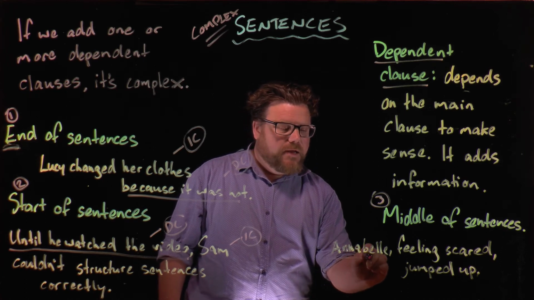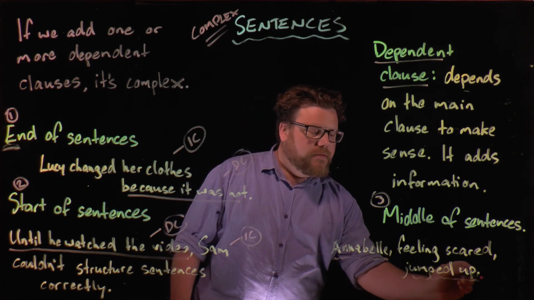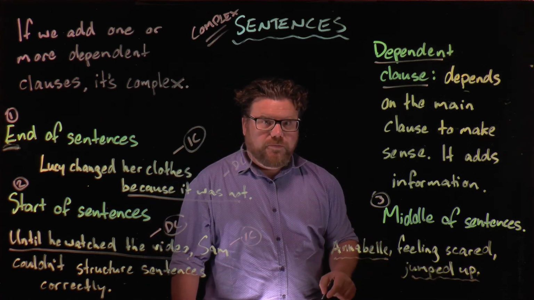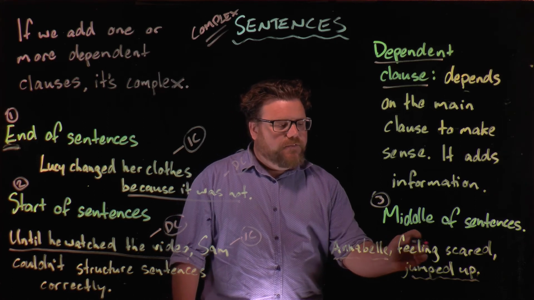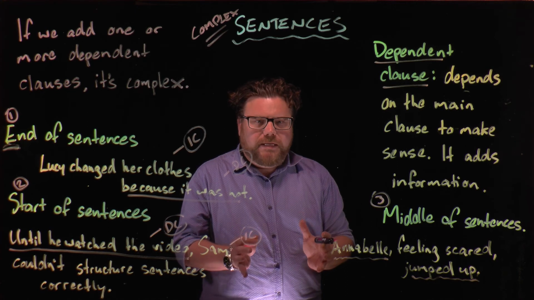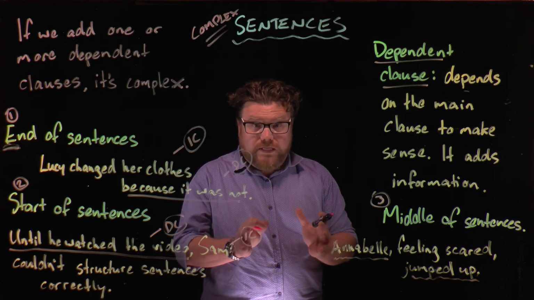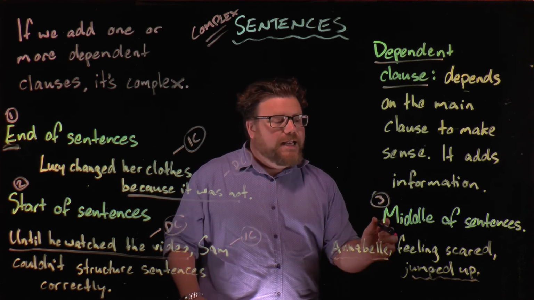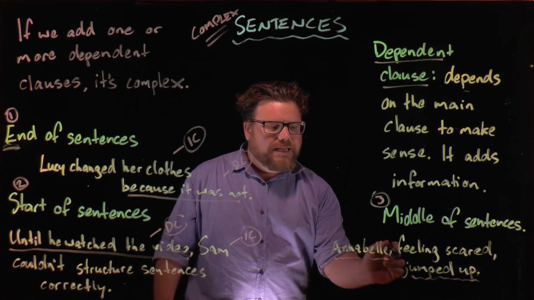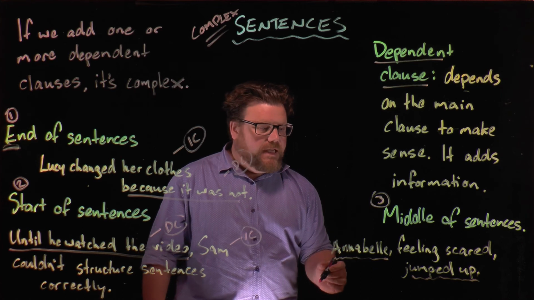It would read, Annabelle jumped up. A short, simple sentence with a subject and a verb. So this bit, feeling scared, can't stand on its own. That's not a complete independent clause or sentence, feeling scared. It depends on the information in the main clause, in the independent clause, to make sense.